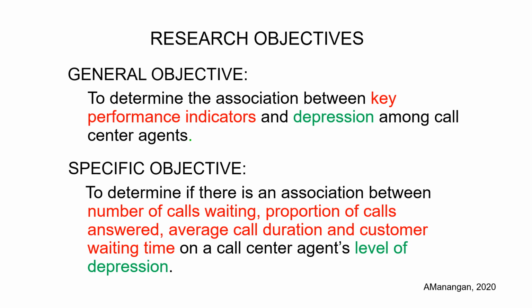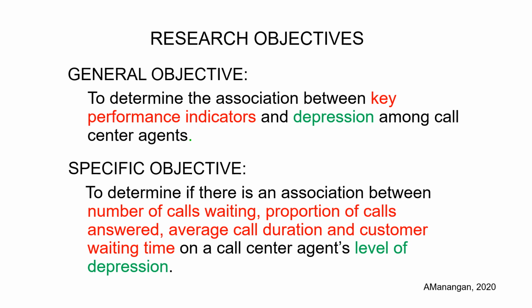The abstract concepts of key performance indicators and depression in the general objective is made more measurable under the specific objective. There are several indicators that are considered, among which are the number of calls waiting, the proportion of calls answered, the average call duration, and customer waiting time.